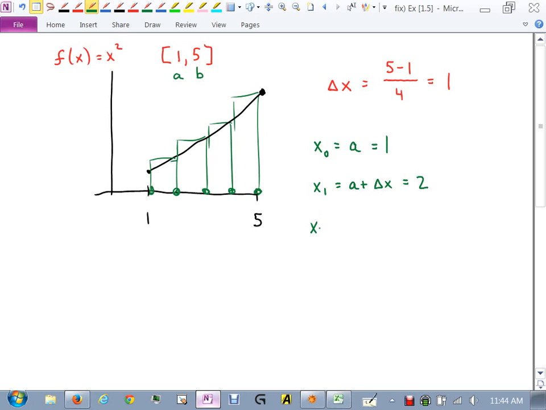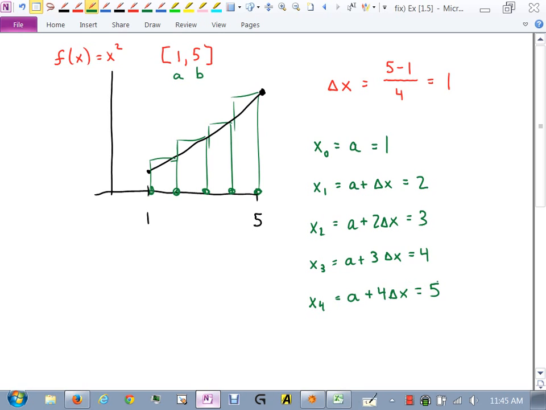And then the next one would be A plus 2 delta x, which would be 3. Then x3 would be A plus 3 delta x, which would be 4. And then finally, x sub 4 would be A plus 4 delta x's equals 5.